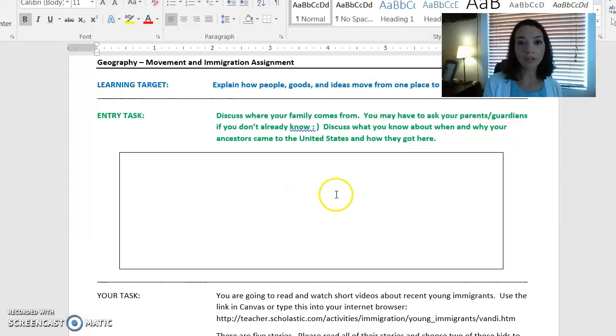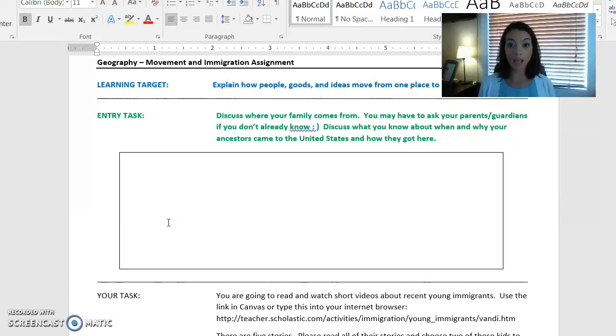So if I were to write my answer here in this entry task box, I would tell you a little something about my Filipino side. I'm half Filipino and I'm half Caucasian. So my Filipino grandparents came during World War II. My grandpa was actually in the U.S. Navy and was stationed in the Philippines.